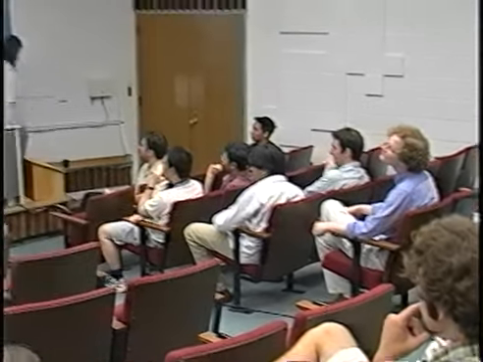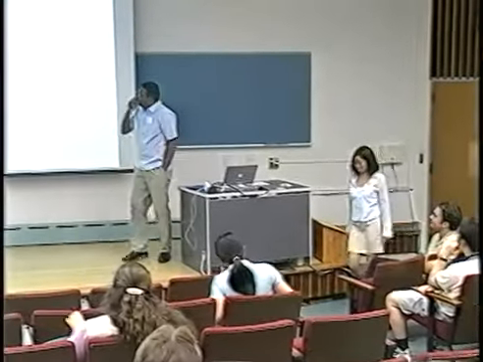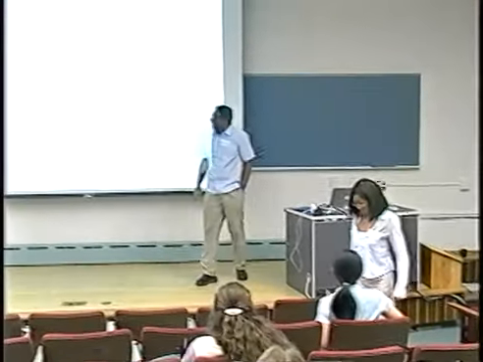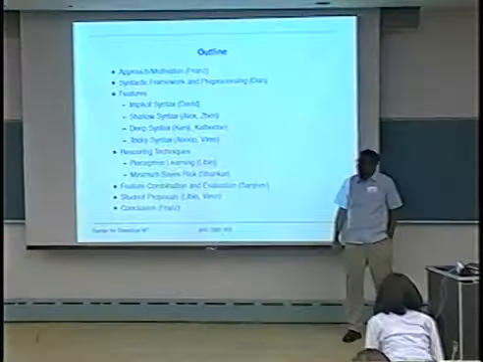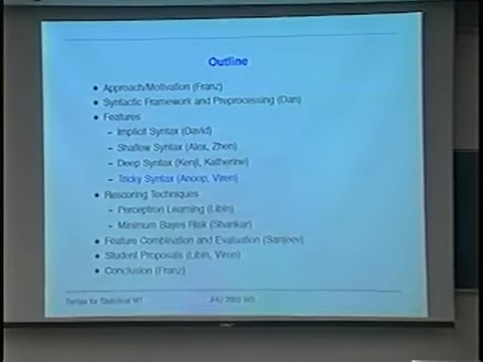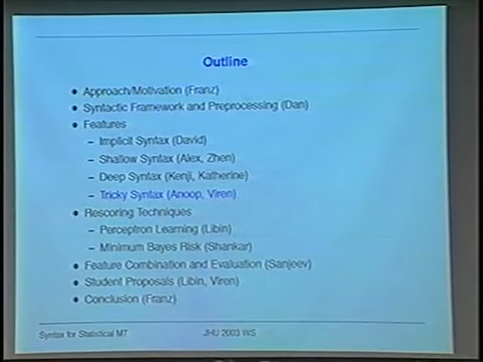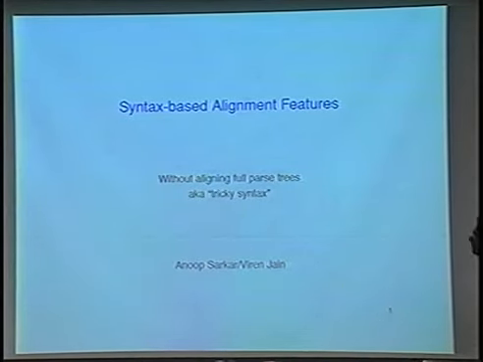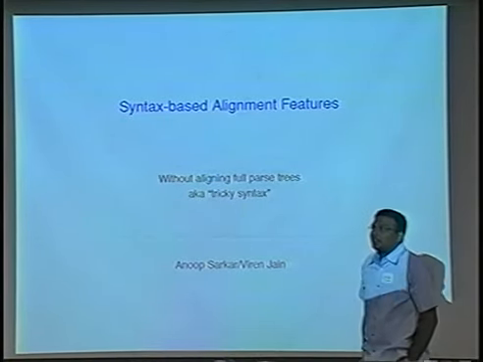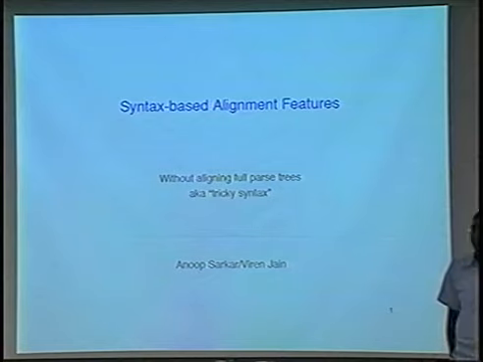So I hand you to a people. All right. So we're now at the last set of feature functions, something that has been dubbed tricky syntax. So what does that mean? These are syntax-based alignment features, but they do not align the full parse tree.